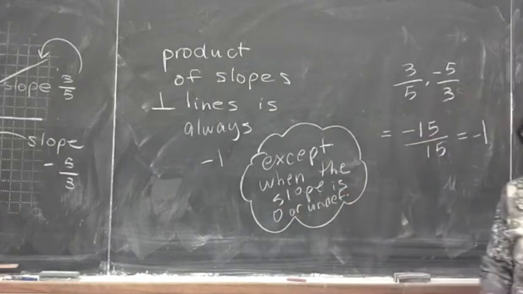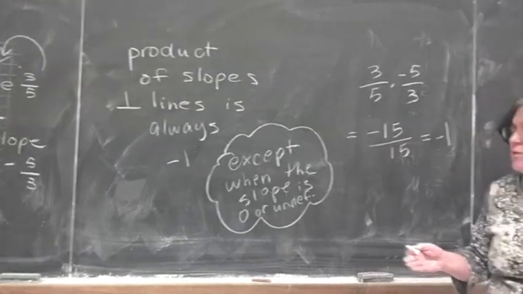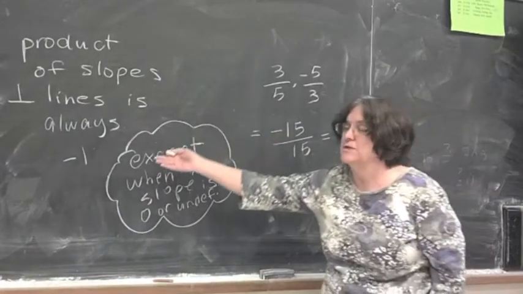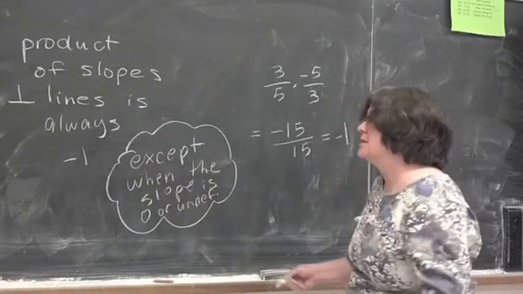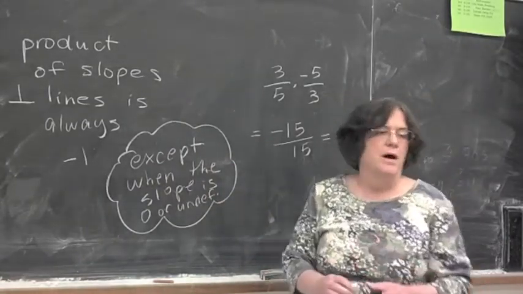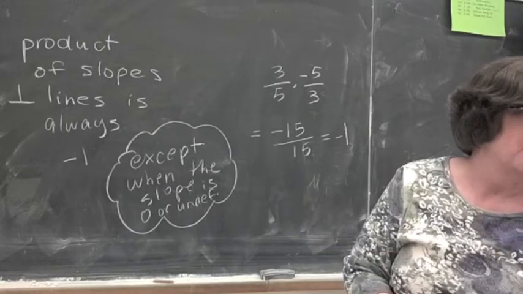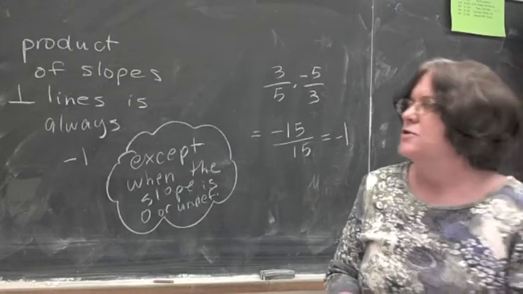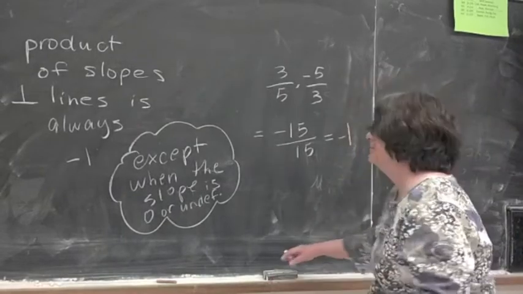You can't have the product of an undefined number and something else. So this rule doesn't work there. It's the only exception. Otherwise, for any perpendicular lines, the product of the slopes will be negative 1. So let's look at what happens in an equation.